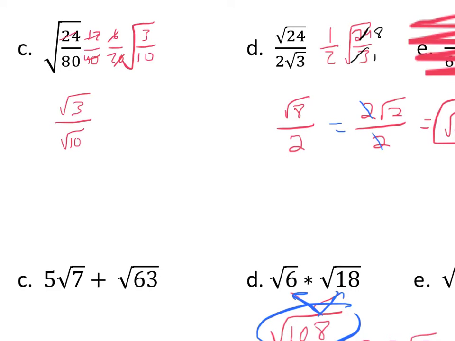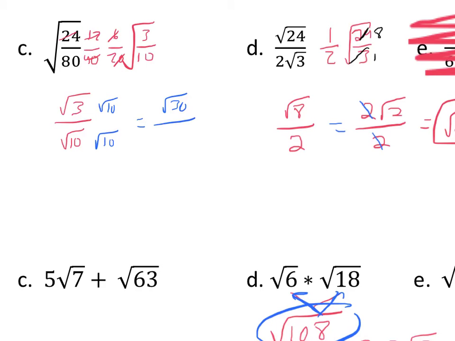And that's considered unsimplified. So we're going to do what's called rationalizing the denominator, which means if root 10 is the problem, we multiply the bottom and the top by root 10. And what happens is, on the top, again, we multiply these radicals and we get root 30. We did that already.